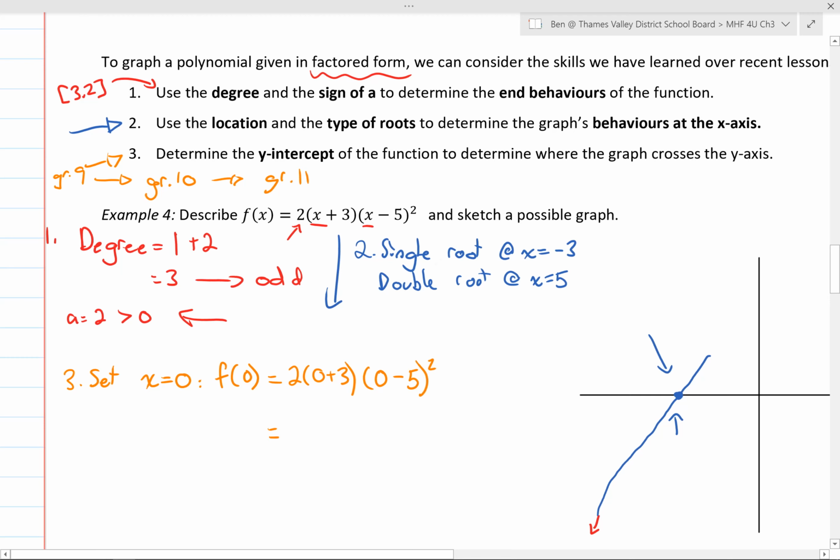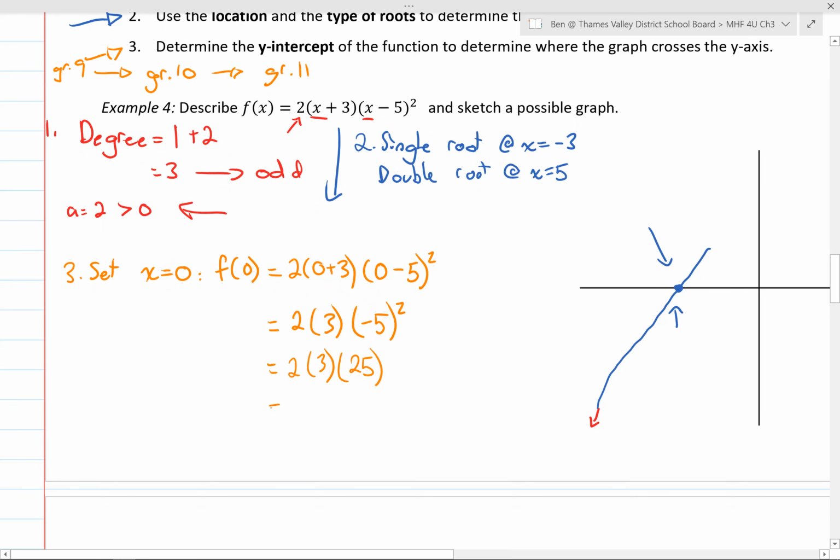And we can start simplifying it. That's 2 times 3 times negative 5 squared. Again, we're respecting BEDMAS here because we are respectful people. That's 2 times 3 times 25, and that is 6 times 25, 150. So our y-intercept is at 150. So let's mark it right there, 150.